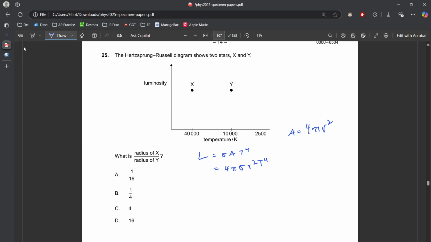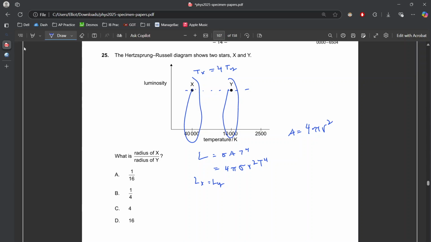So the luminosity is the same. It's important to note they're all on the same line. So Lx is equal to Ly, right? But Tx is equal to 4 Ty if you check these.